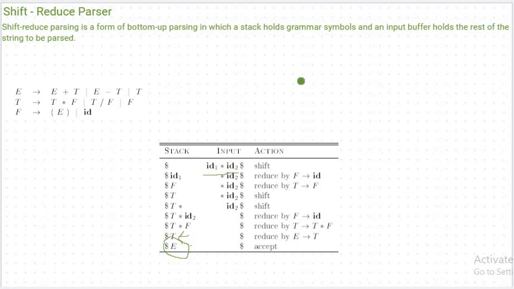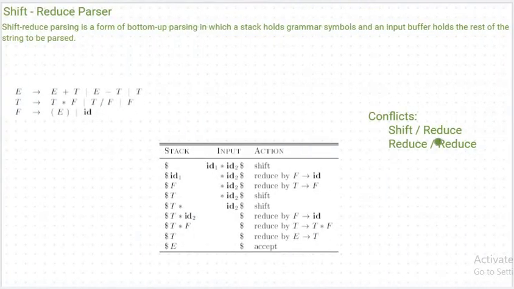Or in a particular situation you may have more than one reduction option available. These conflicts you can overcome with other types of parsers, such as the LALR parser.